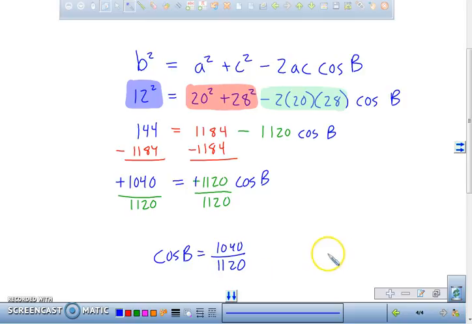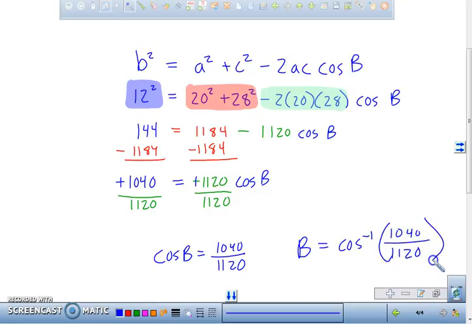Now, what's the final step? The inverse. That's right. So we're going to put B equals the inverse of cosine of 1,040 over 1,120. And that will give us our final approximate answer.